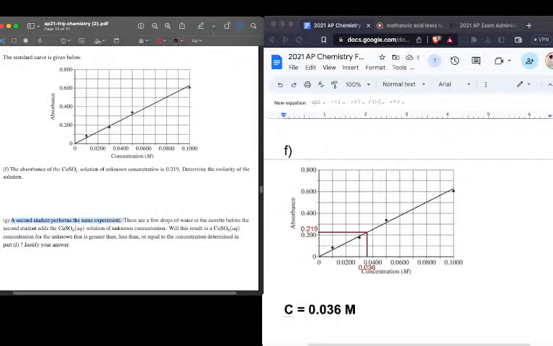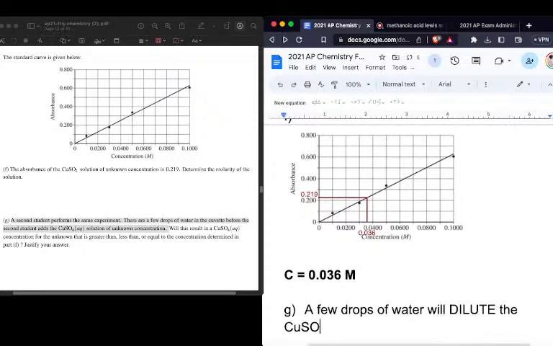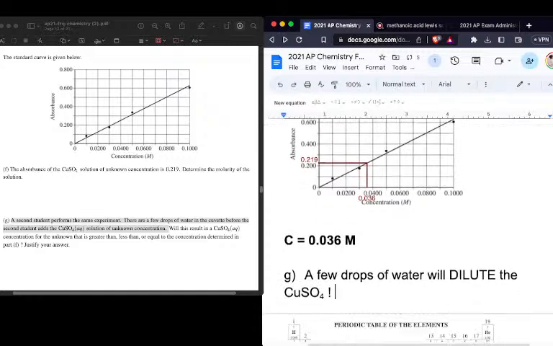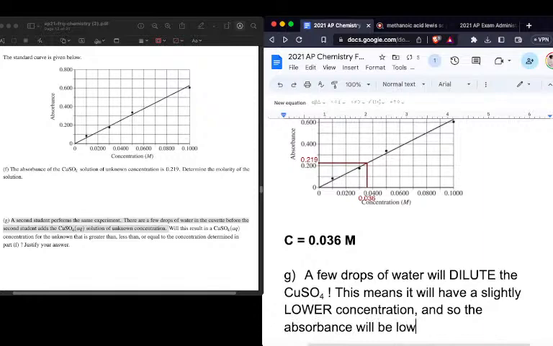A second student performs the same experiment. There's a few drops of water in the cuvette before the student adds the copper sulfate. A few drops of water will dilute the CuSO4. This means it will have a slightly lower concentration, and so the absorbance will be lower as well.